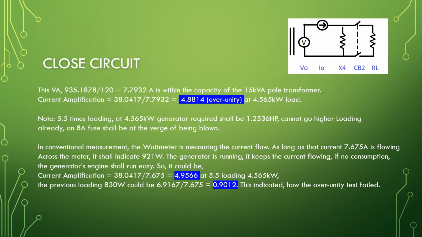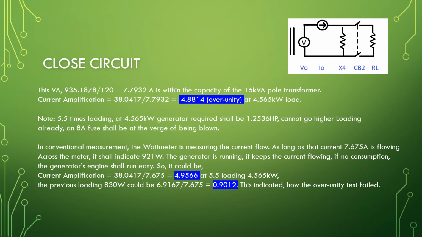Note: 5.5 times loading at 4.565 kilowatt generator required shall be 1.2536 horsepower. It cannot go higher loading already, as the 8 ampere fuse shall be at the verge of being blown.